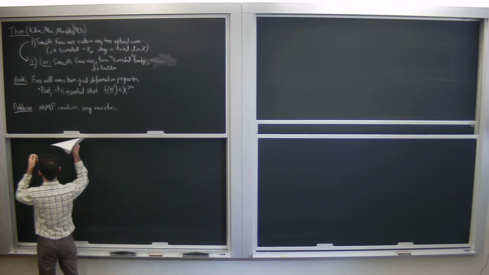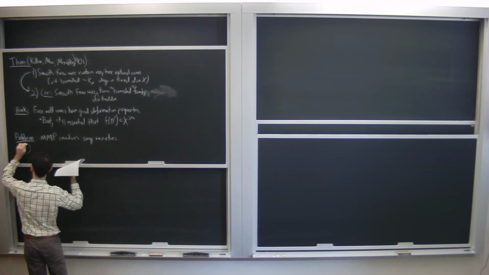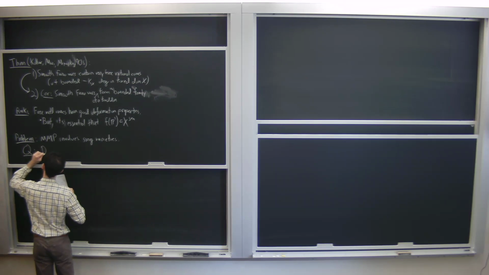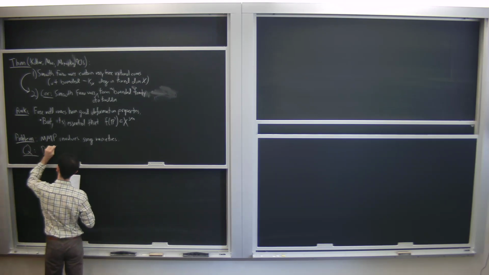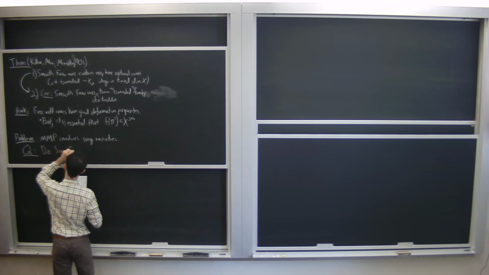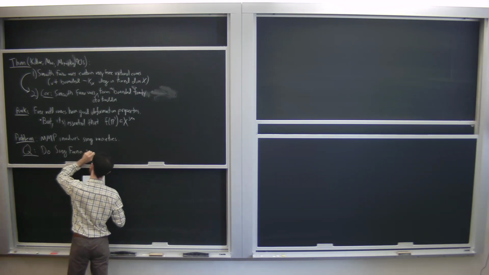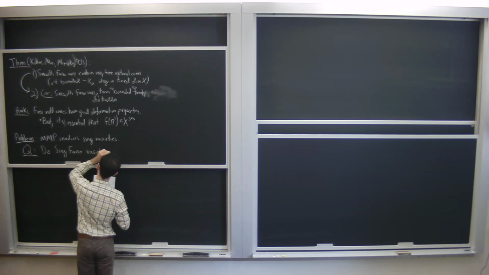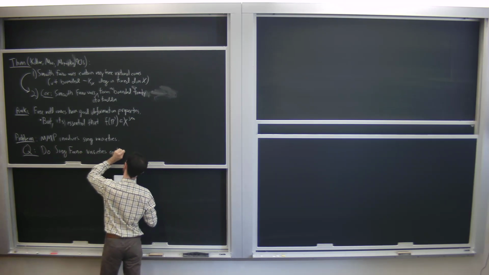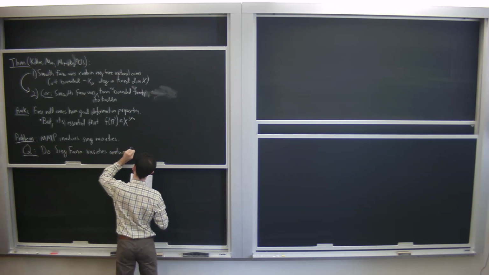So the obvious question then is, do singular Fano varieties contain free rational curves?